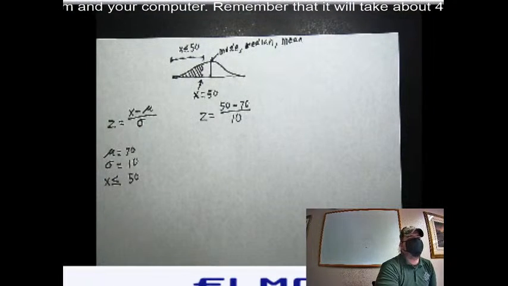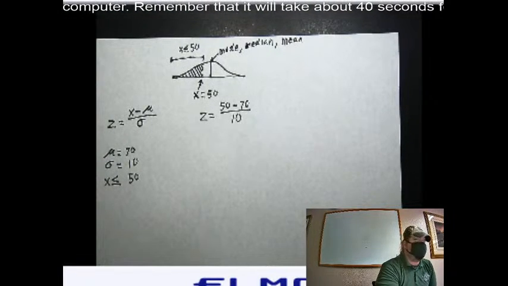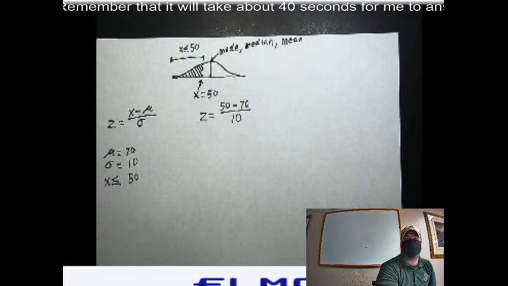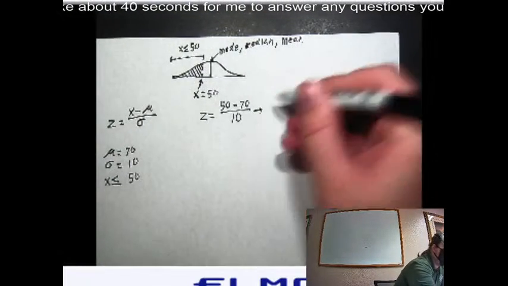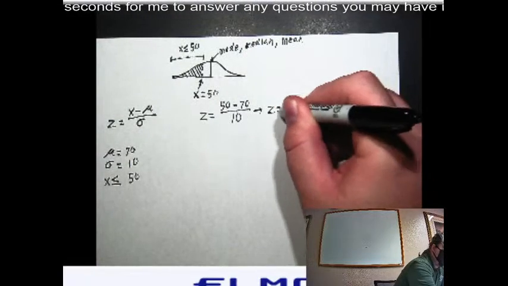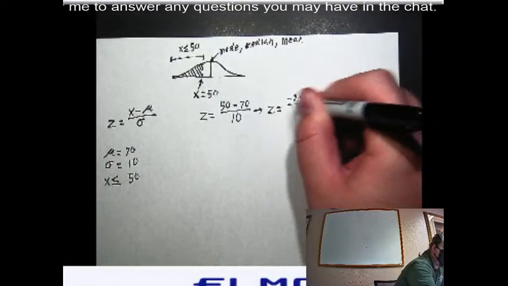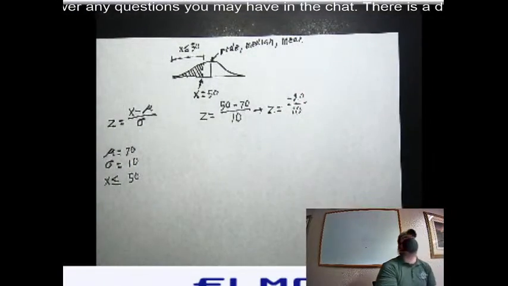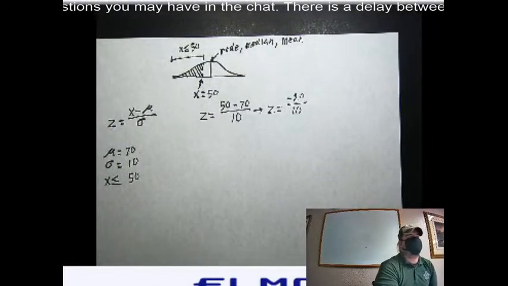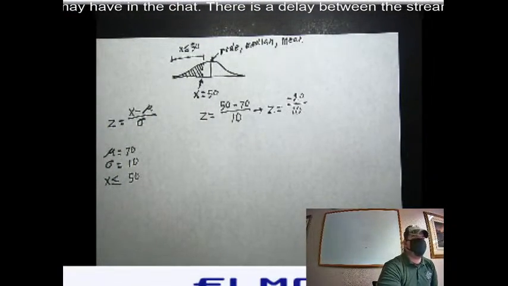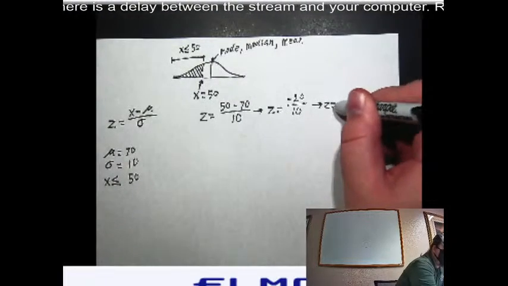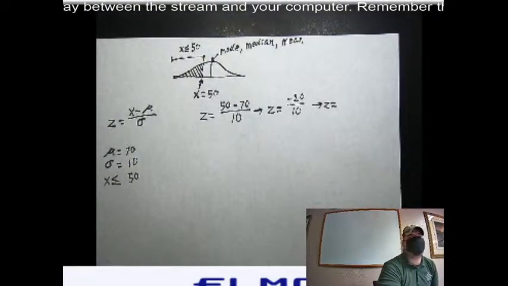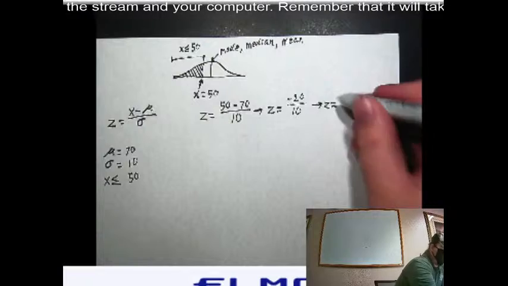So 50 minus 70 is going to give us what? Negative 20, good. So now z equals negative 20 over 10. Okay, and so divide that. Negative 20 divided by 10 gives us a z of what? Negative 2, yeah.